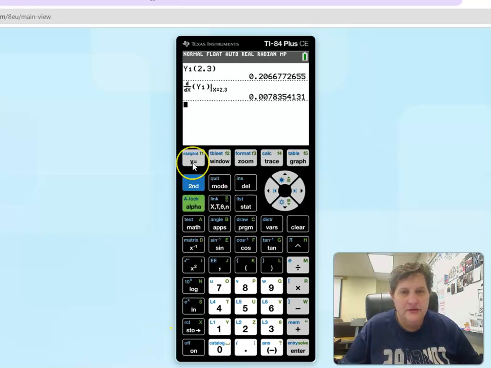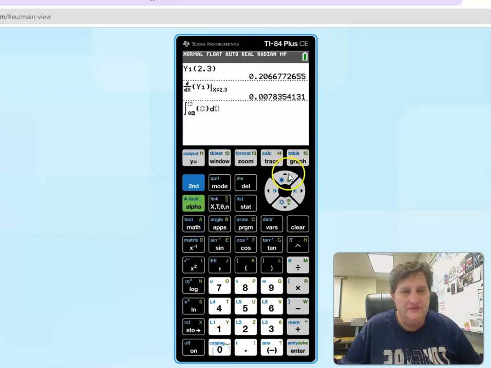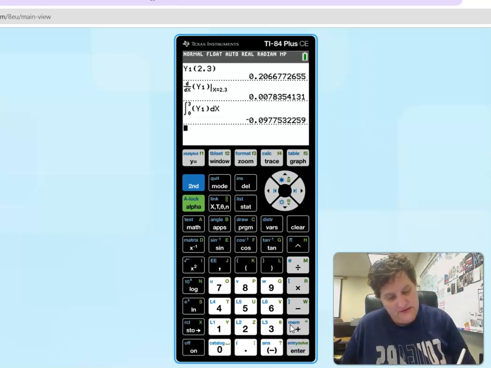Okay, next, the displacement is just the integral. So it's displacement from 0 to 3. It's just the integral of this. All right. So the displacement is negative 0.0977.